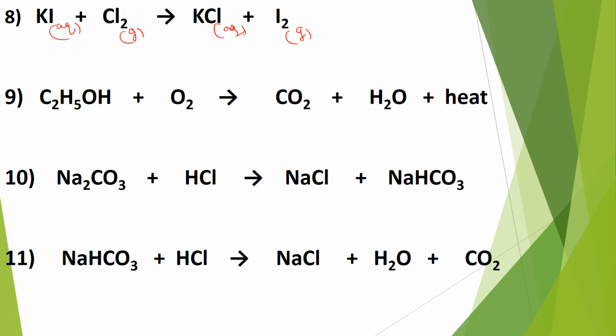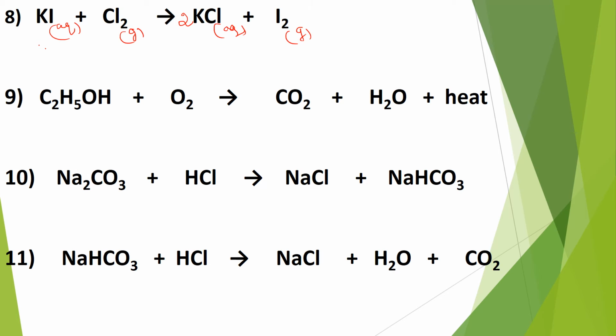Write 2 in front of KCl, potassium chloride. We need to make it 2. When we write 2 in front of KCl, the potassium number has become a 2. So in front of potassium iodide, you need to write a 2.